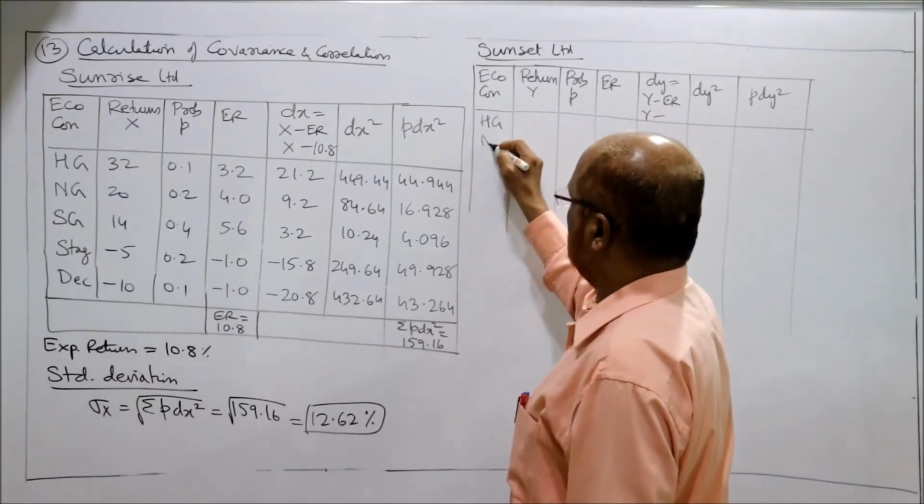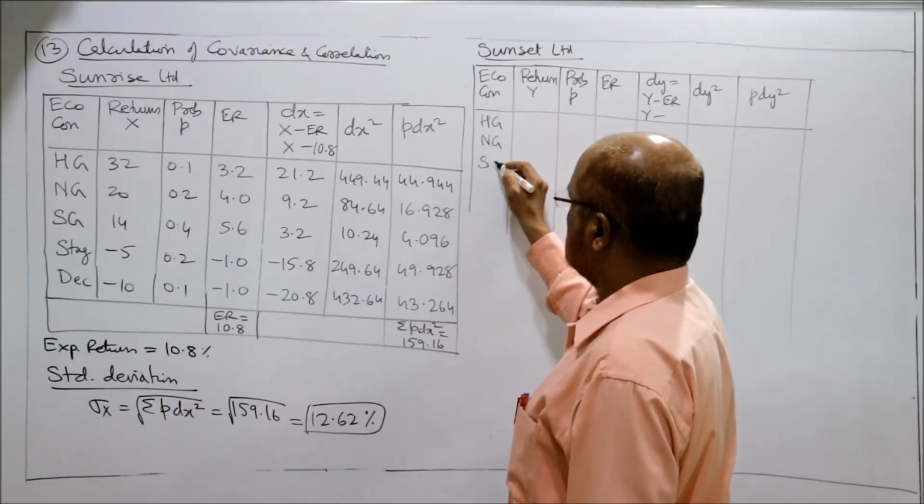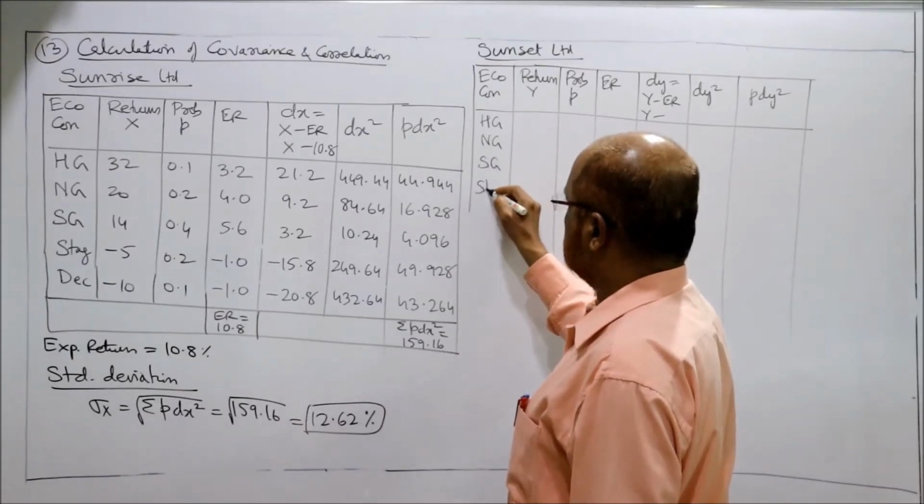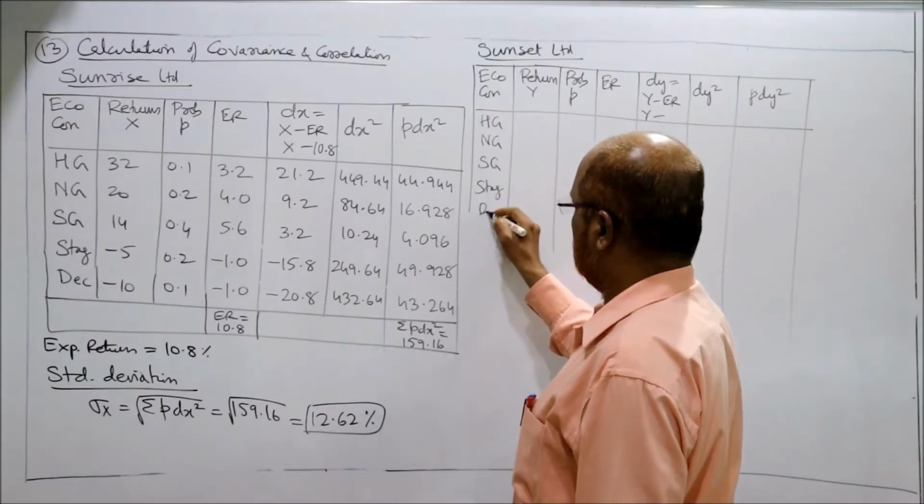High growth, normal growth, slow growth, stagnation, decline.